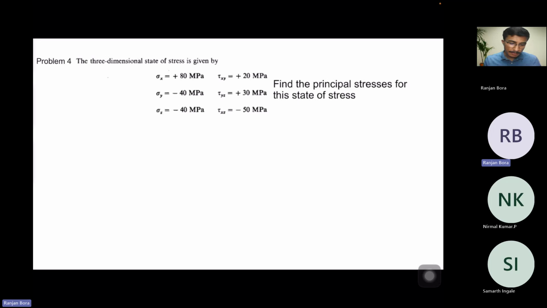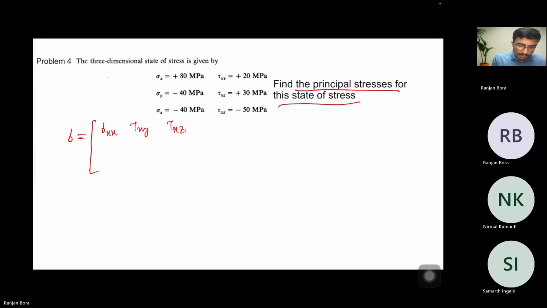So you can see a three-dimensional state of stress is given. Now we need to find the principal stresses for this state of stress. So we can write sigma is equal to, the three-dimensional state of stress, sigma xx, tau xy, tau xz.